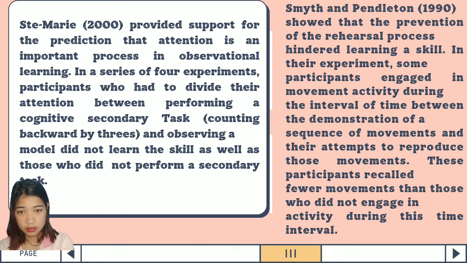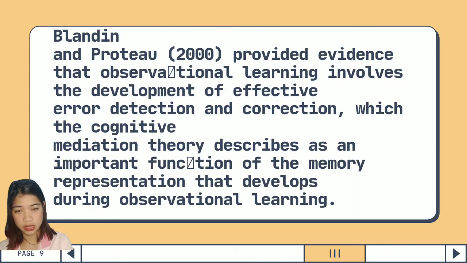Finally, Blandin and Proteau, 2000, provided evidence that observational learning involves the development of effective error detection and correction, which the cognitive mediation theory describes as an important function of the memory representation that develops during observational learning.